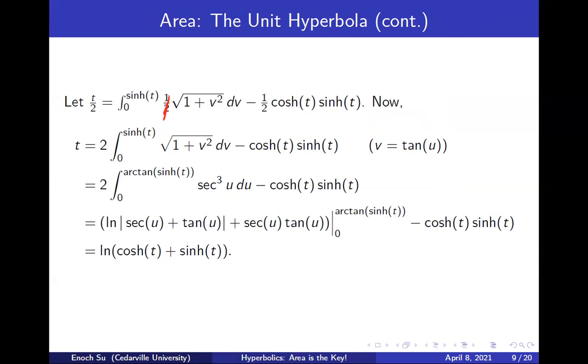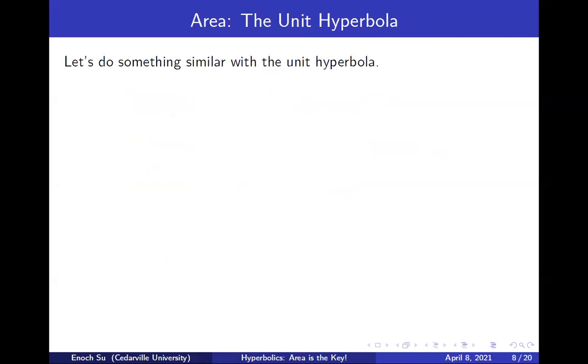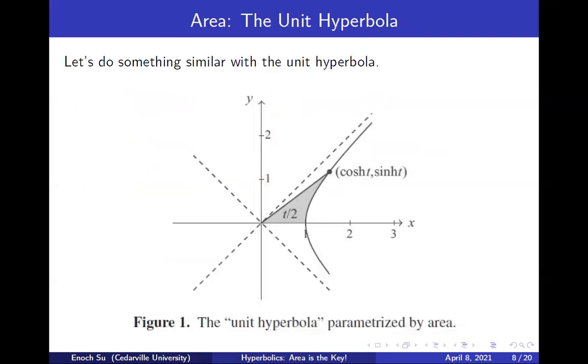For instance, if you go to the previous slide, you know that this thing is x squared minus y squared equals 1. And so if you want this total area here, how would you do that? Well, you would integrate along the y-axis.